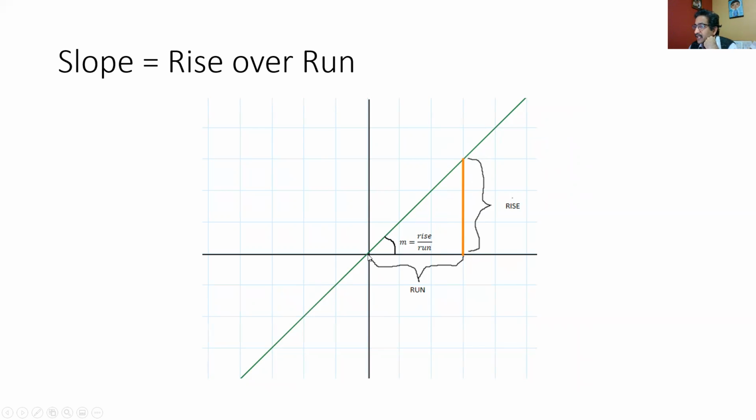In this case, there are 3 units of run and 3 units of rise. So the slope is the rise over the run, 3 by 3, so the slope is 1.